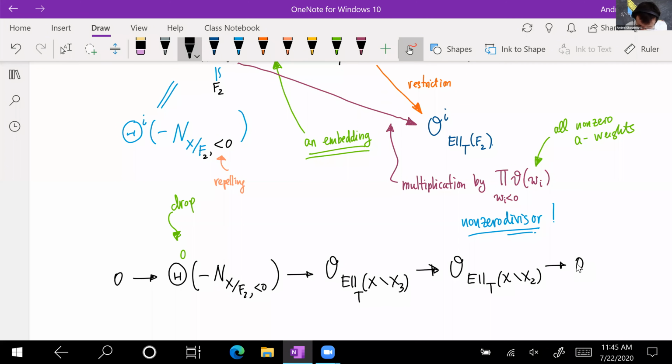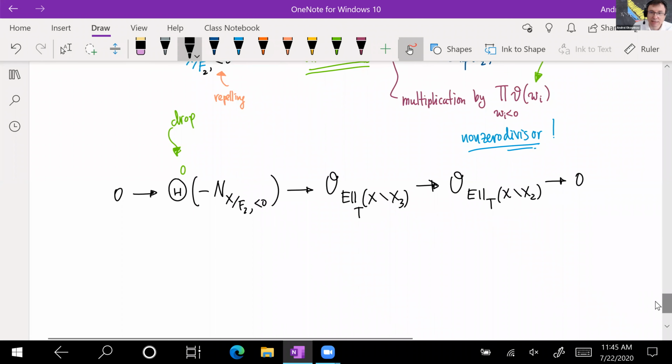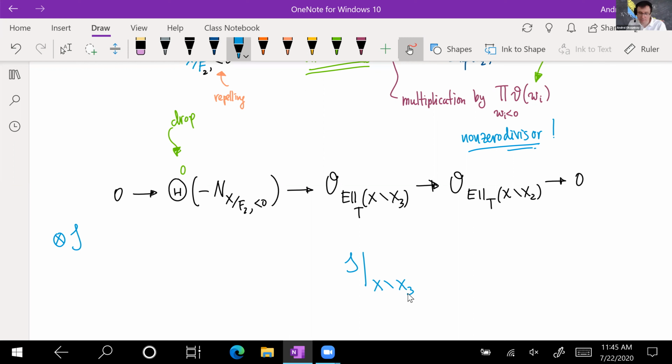Okay. And so now we will take this and tensor with our line bundle S. So what we're going to get is S restricted to X minus X3, which goes to S restricted to X minus X2, which goes to 0.